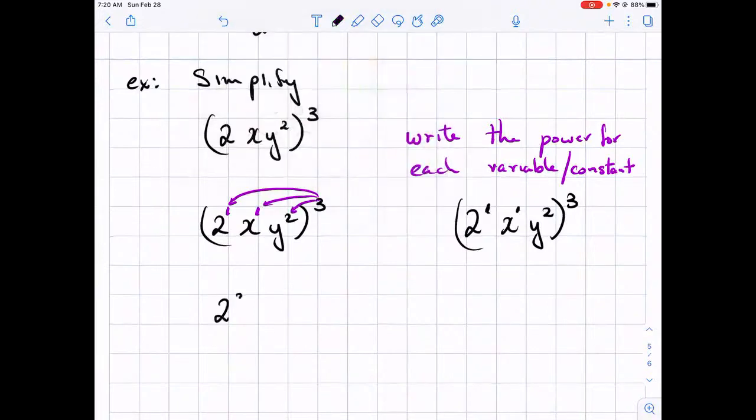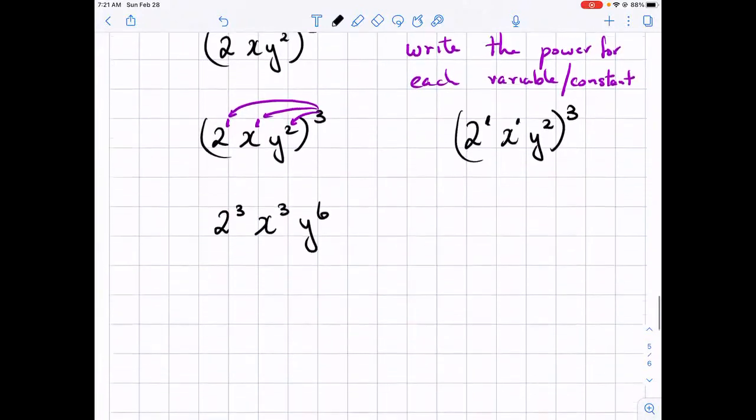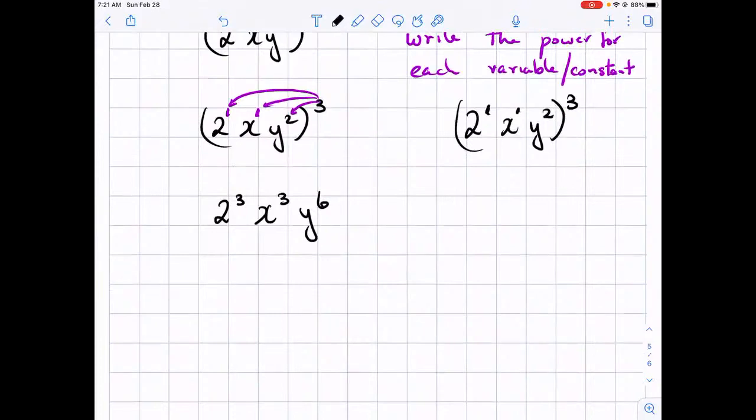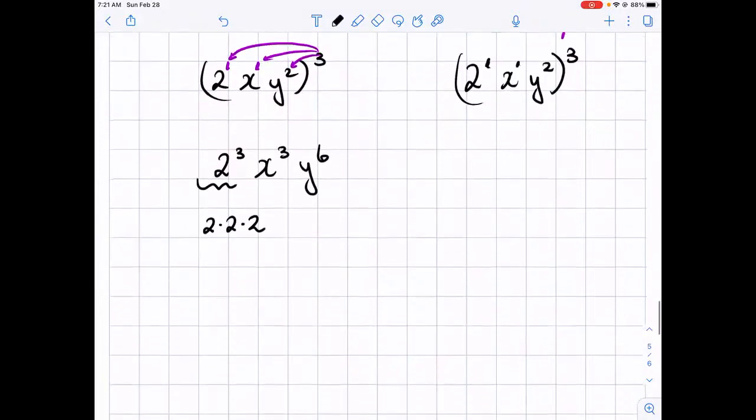So we end up with 2 to the third, x to the third, and y to the sixth. So 2 to the third means 2 times 2 times 2. 2 times 2 is 4, 4 times 2 is 8, so this becomes 8x to the third, y to the sixth. Very important.